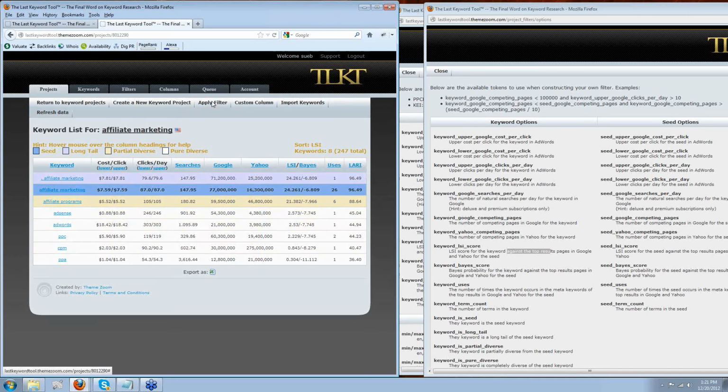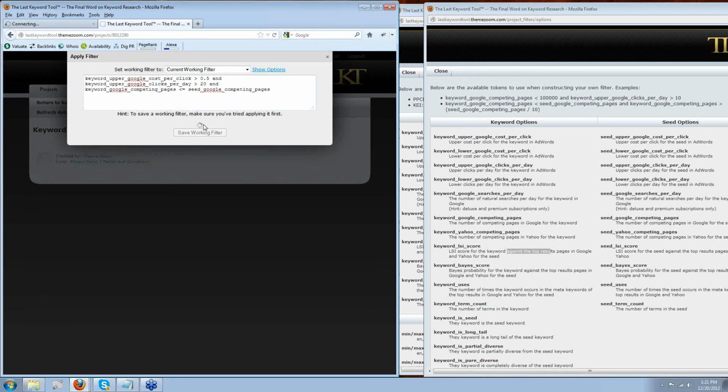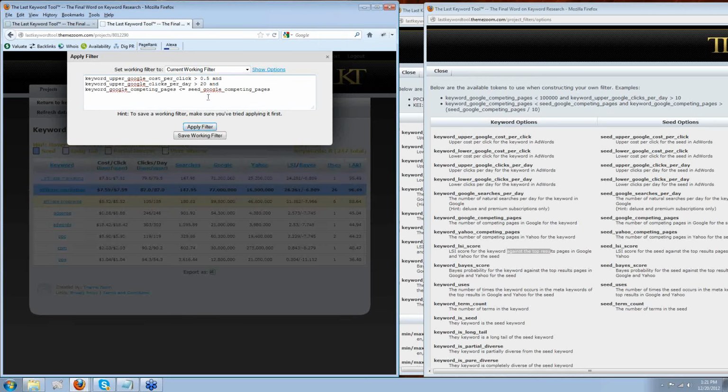Let's just apply another filter. Let's change this so that, actually it's probably this. Let's bring this down to like 20 clicks per day. Wow.